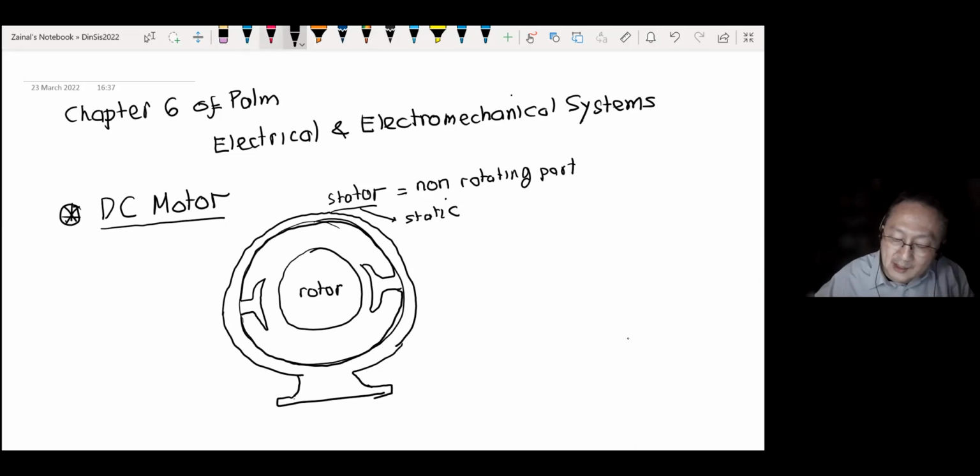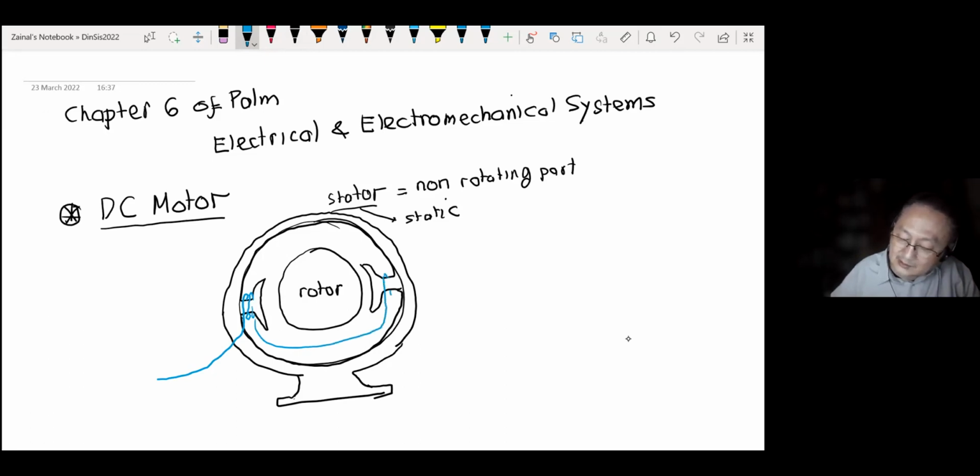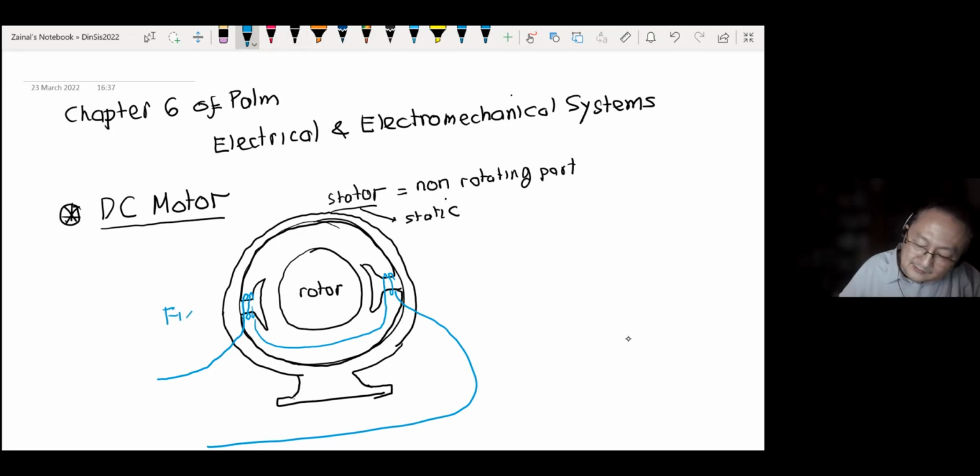And here you have a coil, which is called field. So we have a coil, something like this one. This one is connected to this one, rotate this one, and continue there. This one is the field circuit.